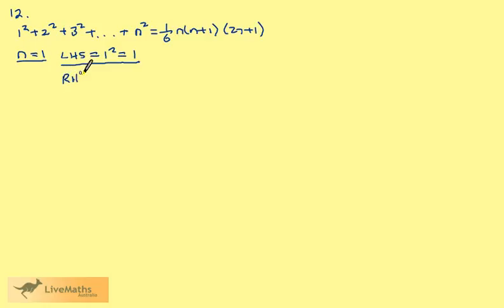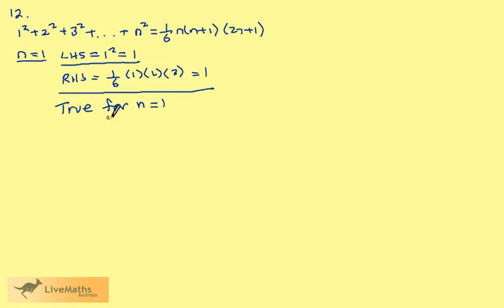The right-hand side would be 1/6 of 1, 1 plus 1 is 2, 2 plus 1 is 3, so that's 1/6 of 6, which again is 1. So we can say that this is true for n equals 1.